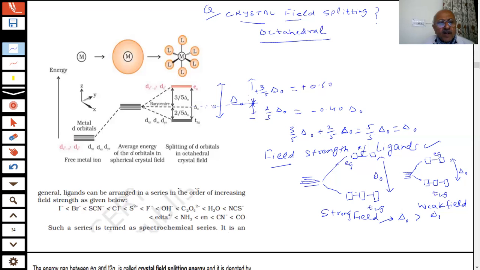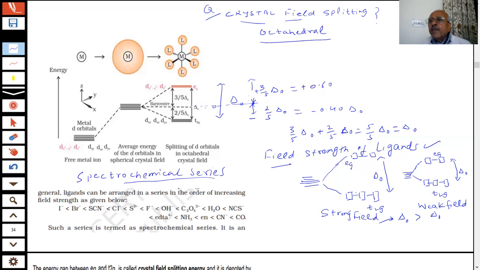This is also called the spectrochemical series because they determine this by spectroscopic methods. This is given in the book, after experiment they say this is a series. So CO is a strong ligand.